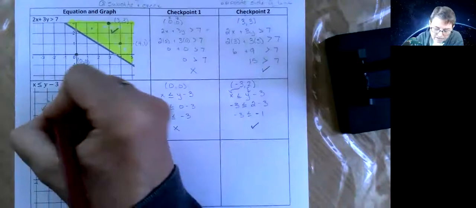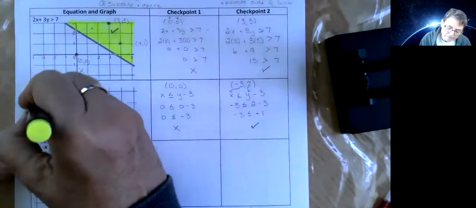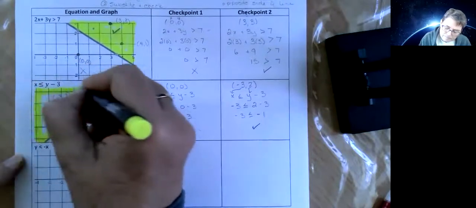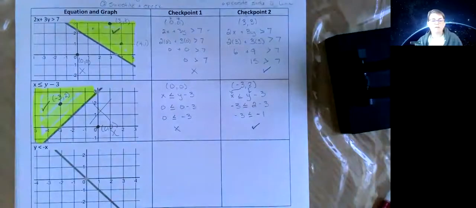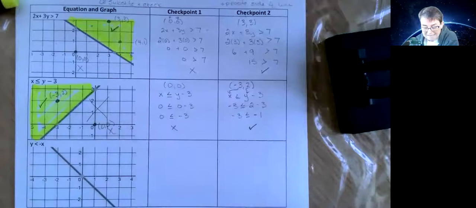So this side is the correct side. So again, anything in this section here, this part of the graph is going to work. Anything on this side, it's not.